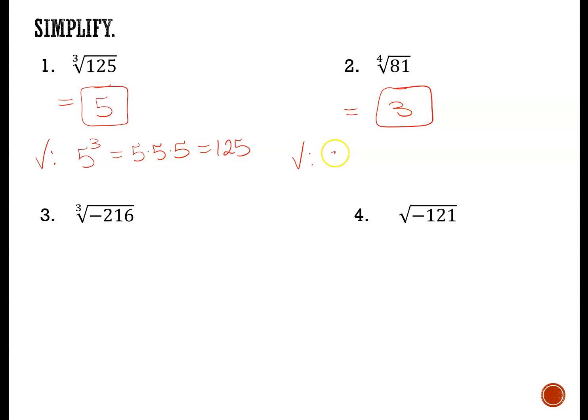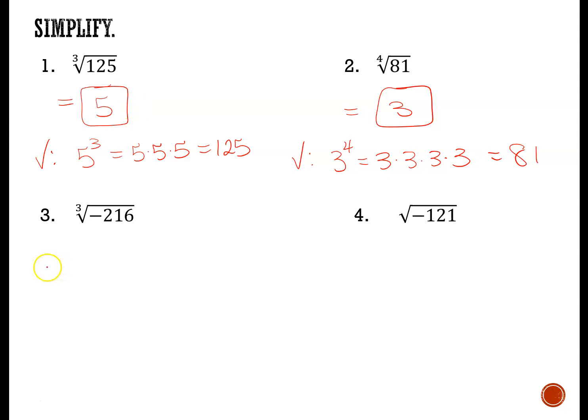Here, we would take our answer to the fourth power and make sure that that does equal 81. Well, 3 times 3 is 9, and 3 times 3 is 9, so 9 times 9 does give us that 81. Now notice when I'm writing the answers, the radical comes off. There's no radical in the answer on these.